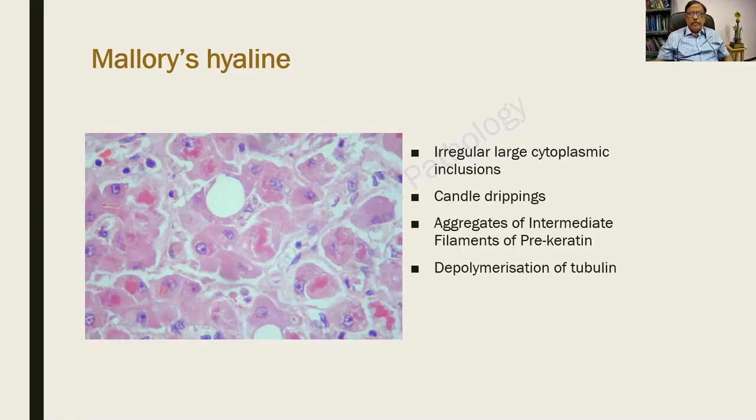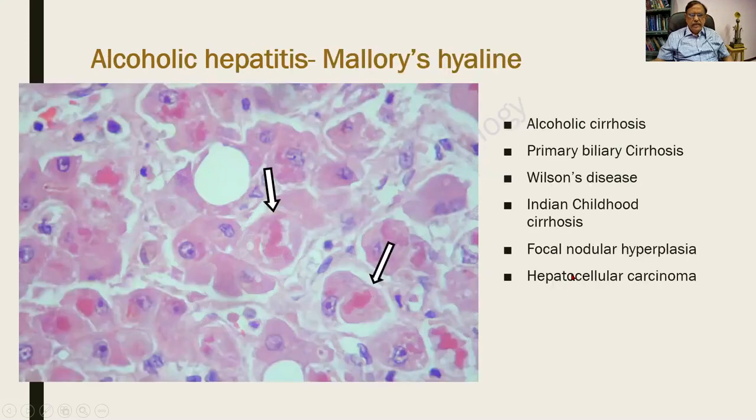And they are supposed to be aggregates of the filaments of pre-keratin and occur due to the depolymerization of tubulin within the cells. The same thing is described over here. So the cells are large and they have got irregular cytoplasmic eosinophilic inclusions. Irregular, described as candle drippings.